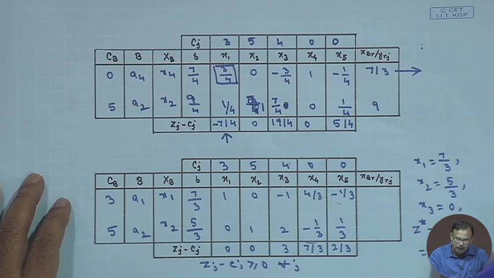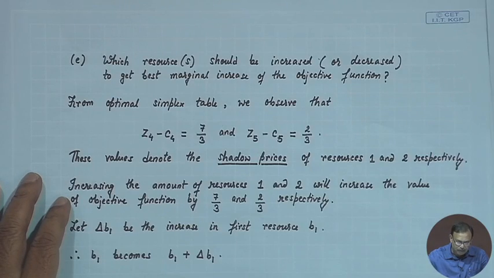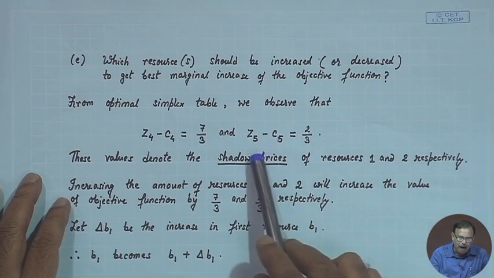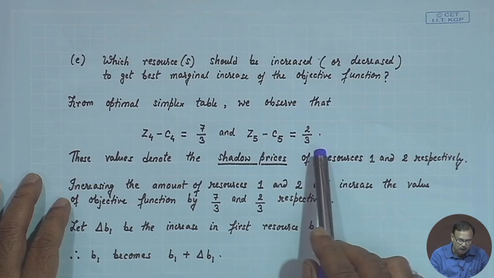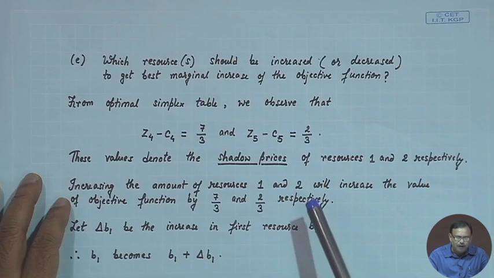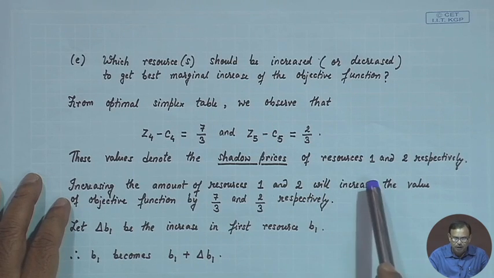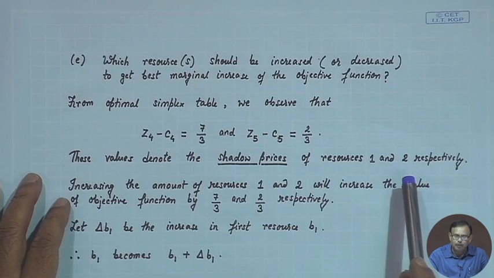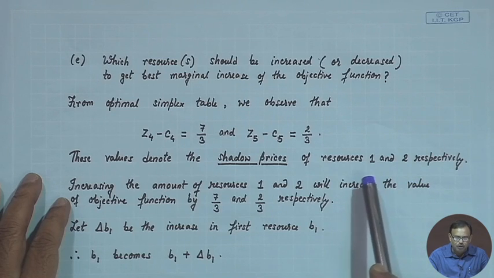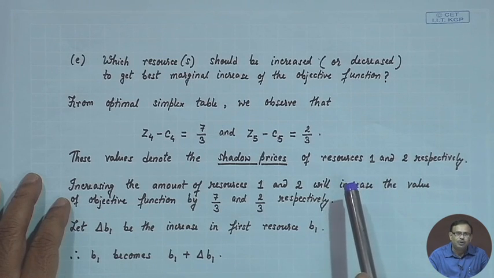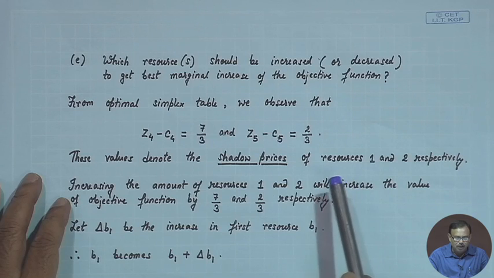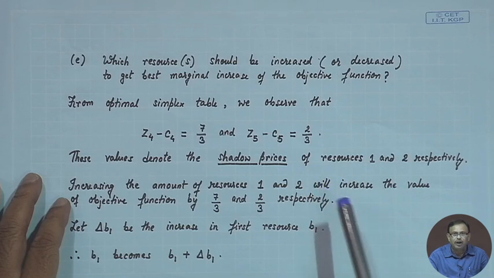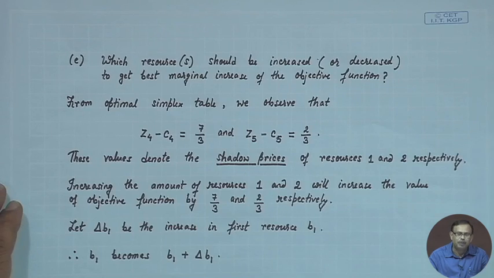These values we denote as the shadow prices of resources 1 and 2 respectively.